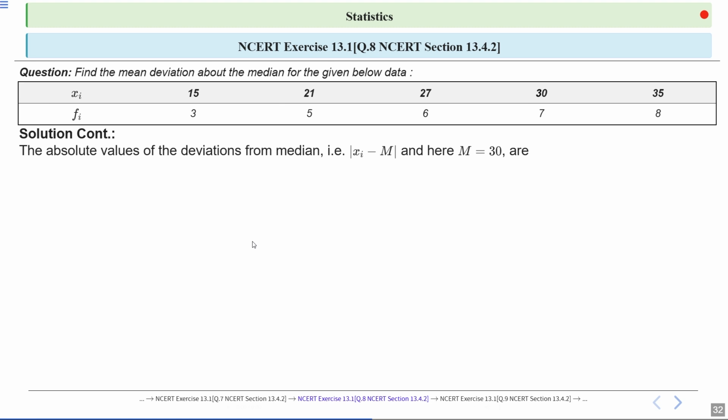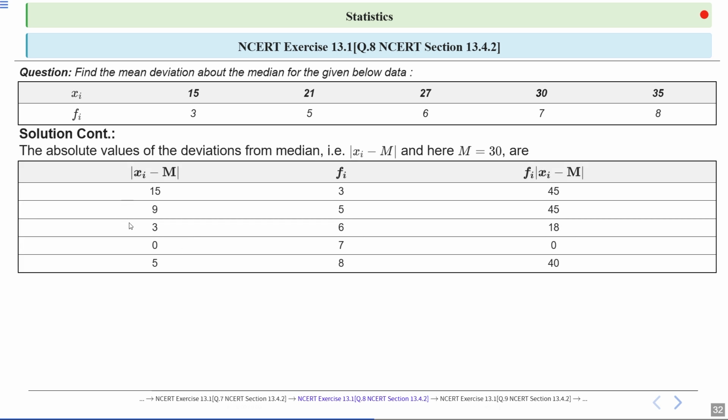First, let's focus on finding the absolute deviations from the median. The absolute values of the deviations from the median, that is the absolute value of xi minus m, and here m is 30, are 15, 9, 3, 0 and 5.